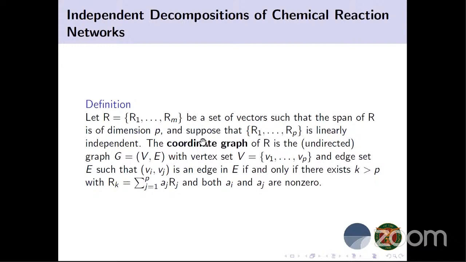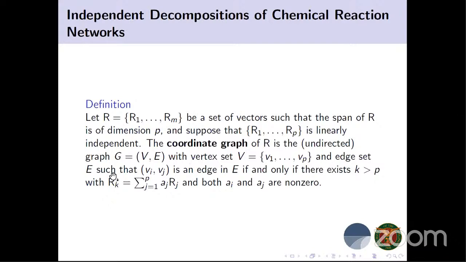independent. The coordinate graph of R is the undirected graph G given by V, E, such that this V contains, we rename these vectors, R1 is renamed as V1 and so on, RP is renamed as VP.